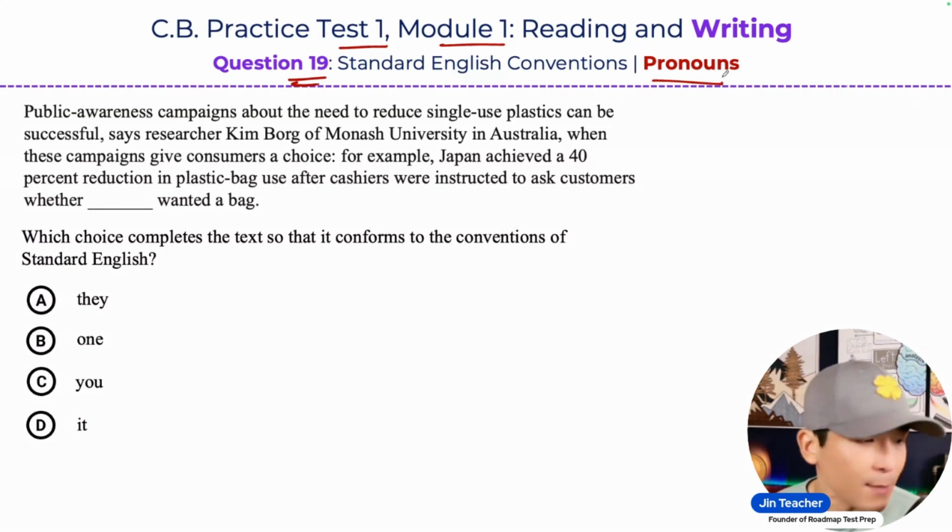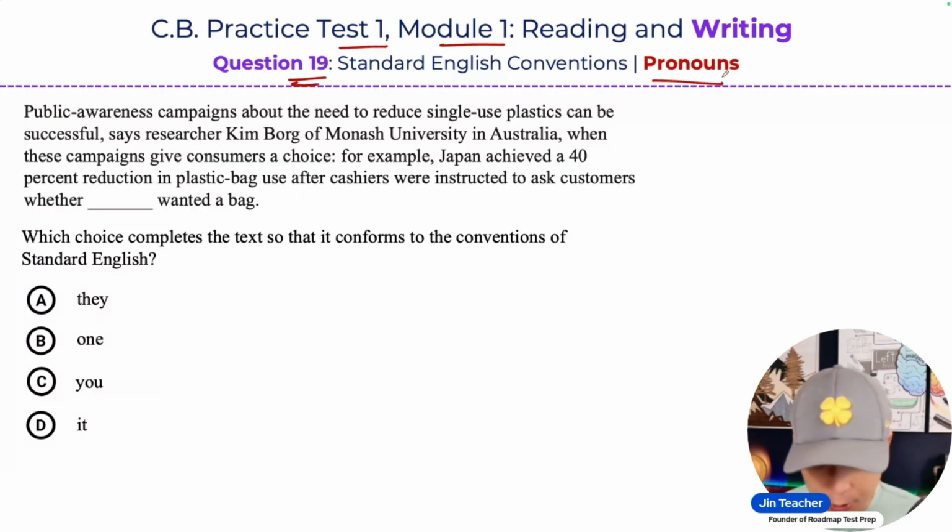But what I'm doing is I'm just giving my own spin, my own explanations about how I solve these questions, okay? So these aren't taking any explanations from College Board at all, but we're just using the questions that College Board provides to everyone, the released practice tests and the released questions, and I'm providing my own take on it, okay? So you guys can download these exams on the College Board website, right?